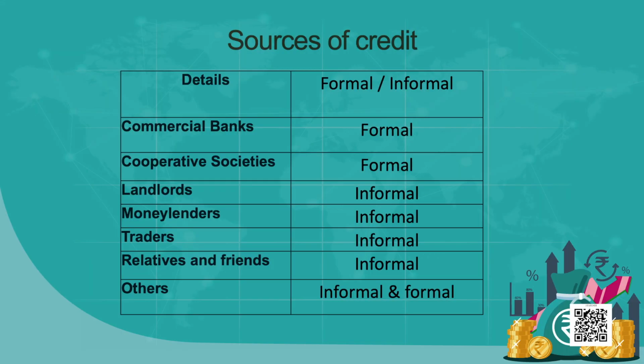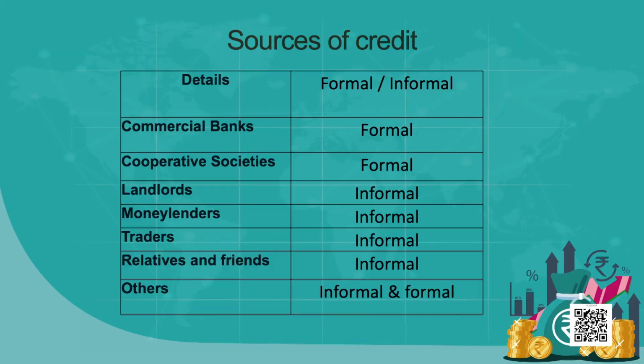The fourth category are money lenders. These people are keeping money in their hand. They lend it with an interest rate. And then the traders of agriculture and non-agriculture goods. For example, in the rural areas, landlords possess lands and they lend it to other people.